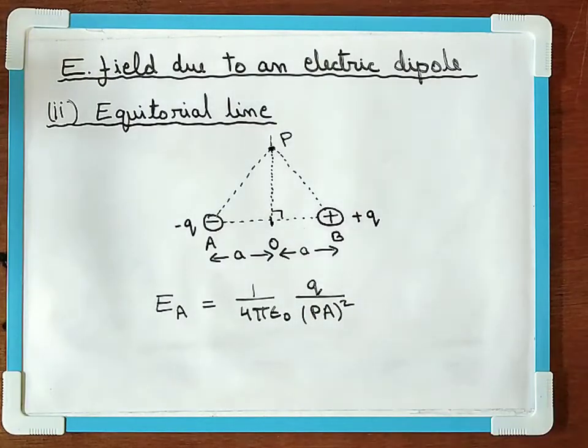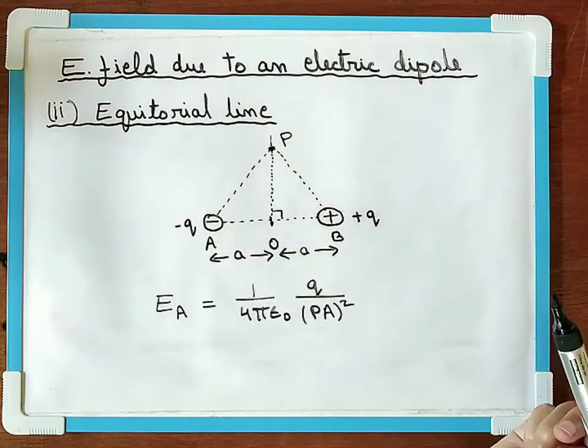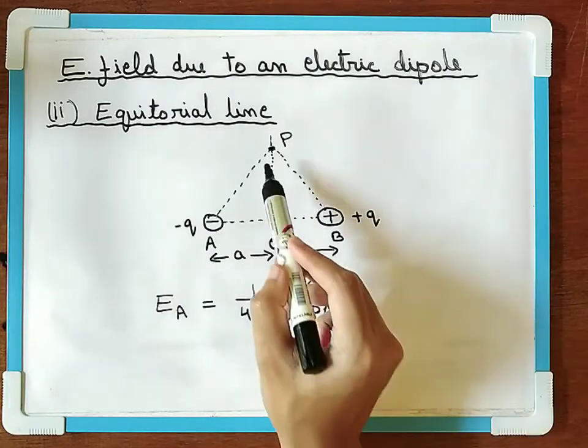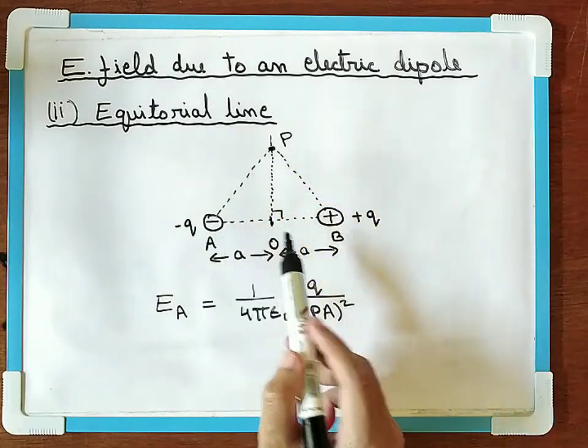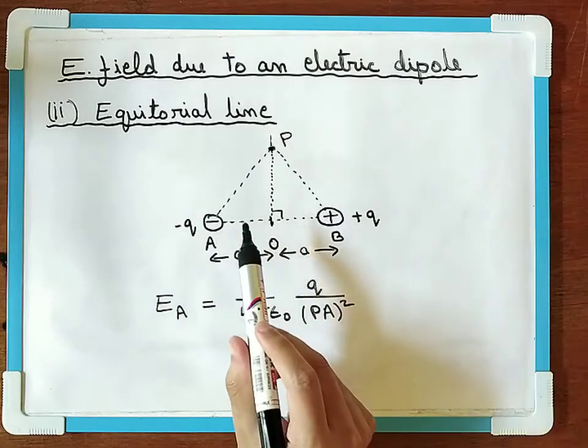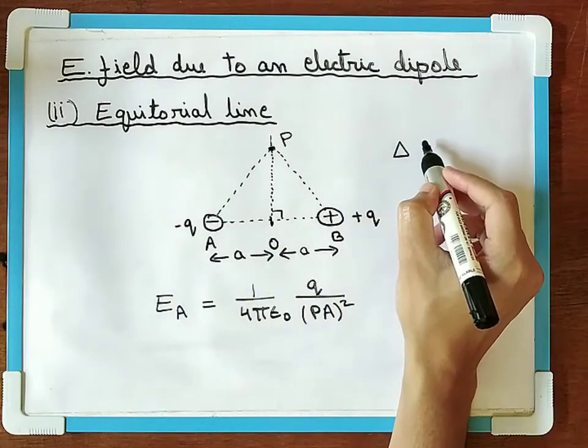Now if we look at the diagram, that is in triangle PAO, PA is the hypotenuse, OA is the base, and OP is the perpendicular.